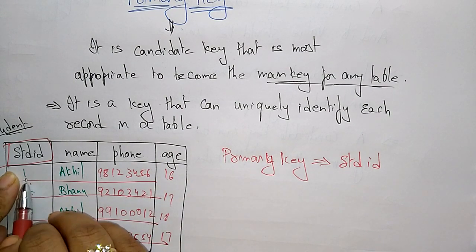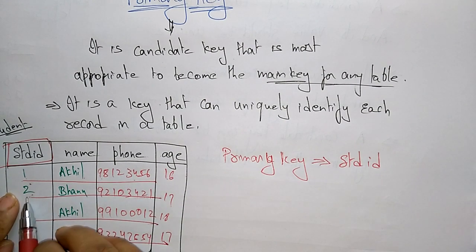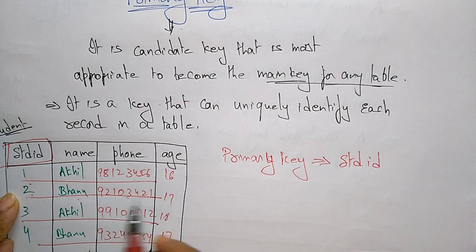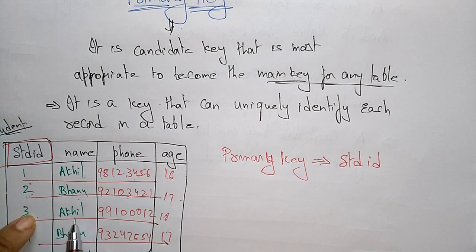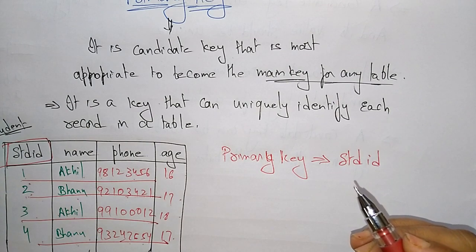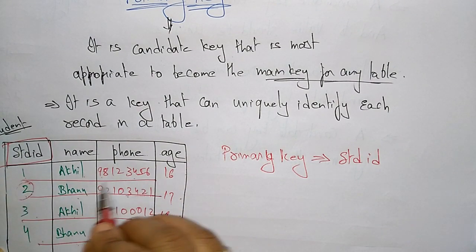Whenever I call student ID 1, I'll get the name of that student, phone number and age. When I call student ID 2, roll number 2 has Bhanu with a different phone number and his age. And for another person Bhanu, he has another phone number, and his age may be the same, but he has a different phone number. Different people can be identified with the help of the student ID and phone number.